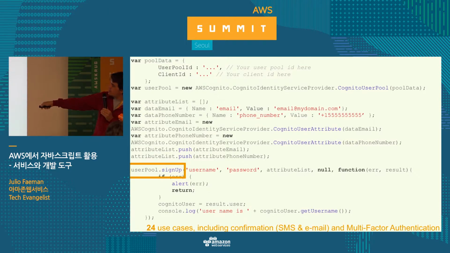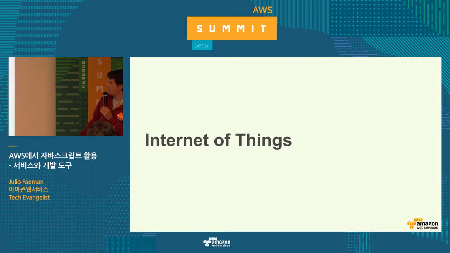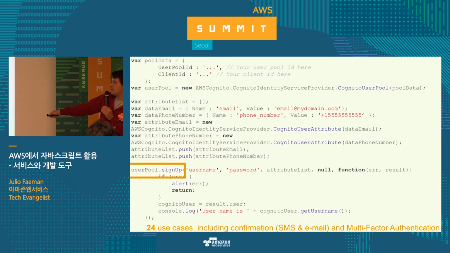So when you call the method signUp on the user pool object, it will register the user with this username, this password, and this attribute list with email and phone number, and then wait for the user to confirm. Okay, so this is just one use case. There are 24 more, including confirmation by SMS, email, and MFA.